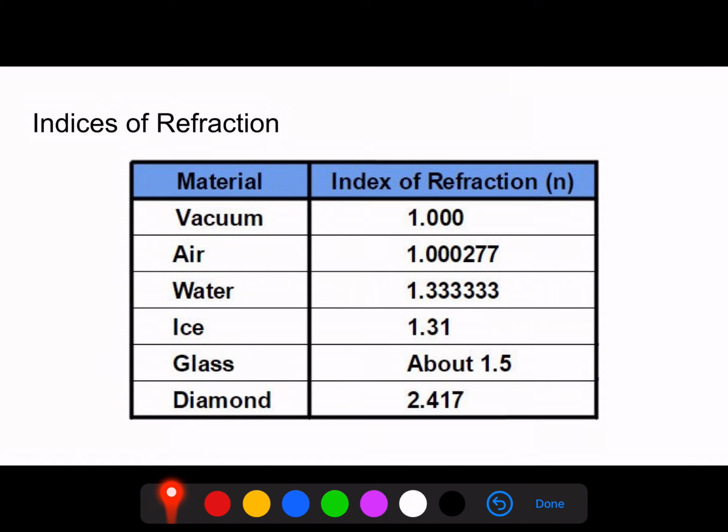But other substances have indices of refraction that are noticeably different from 1. Notice, like we said before, that n is always going to be greater than or equal to 1, so all of these are greater than 1. And so you can see that when you're going through water, you've got a higher index of refraction, glass even higher, diamond even higher, and so on.